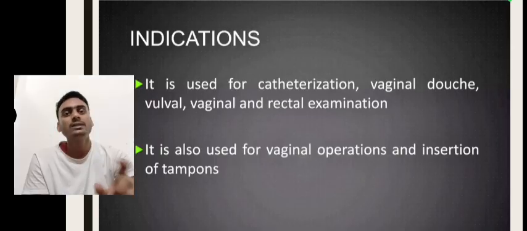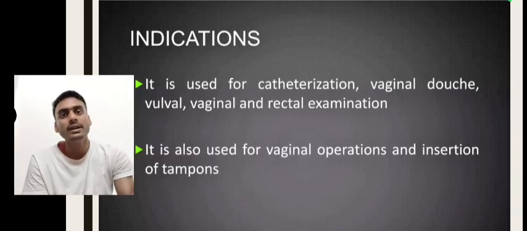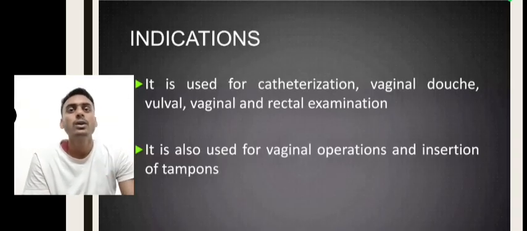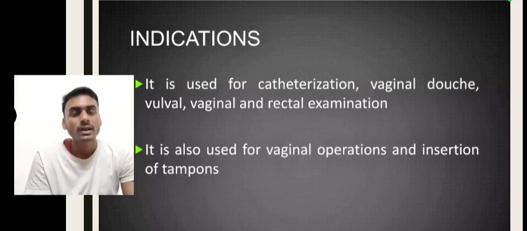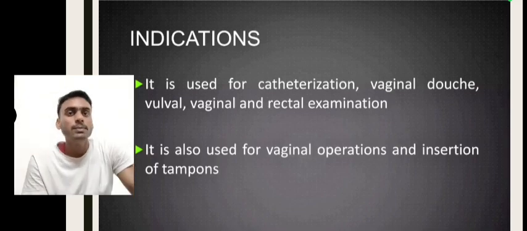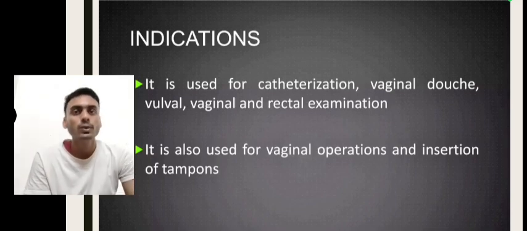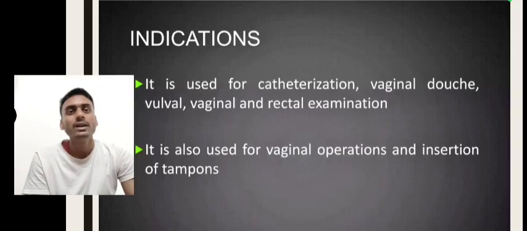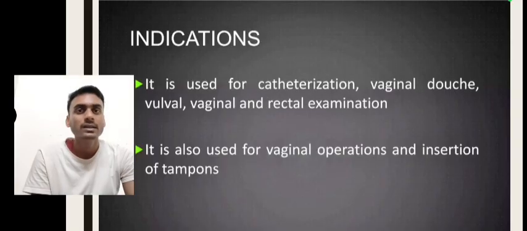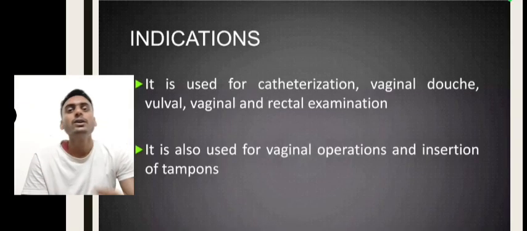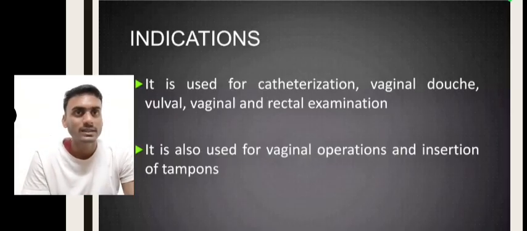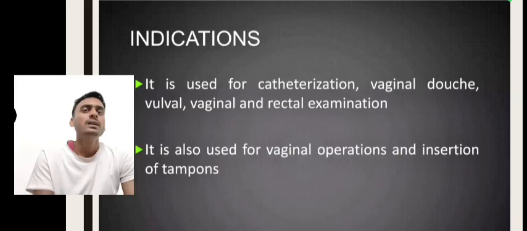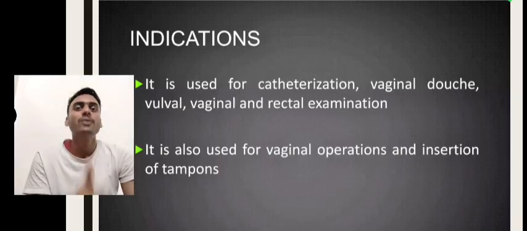A Foley's catheter is a catheter inserted through the penis, or for girls inserted through the vagina. It is used if the patient is not able to pass urine properly. At that time you insert the catheter, and by the help of the catheter, urine comes out. I hope you have a basic idea about catheterization. There are different kinds of catheterization, and we give only one example, Foley's catheter.